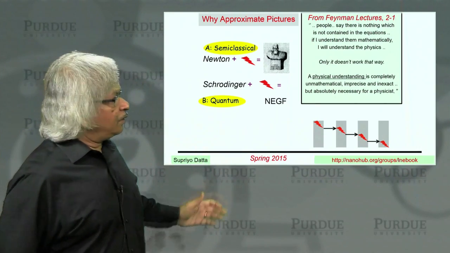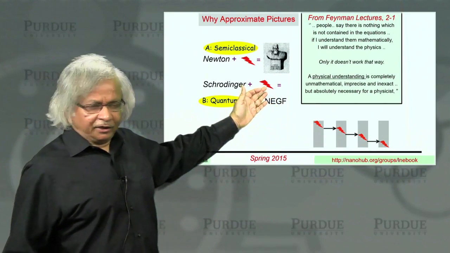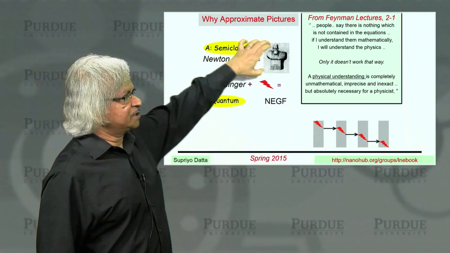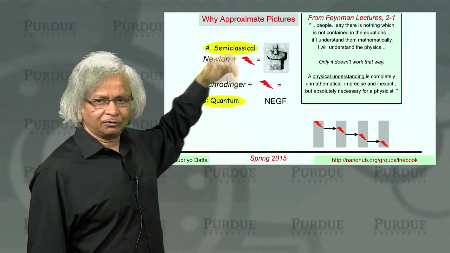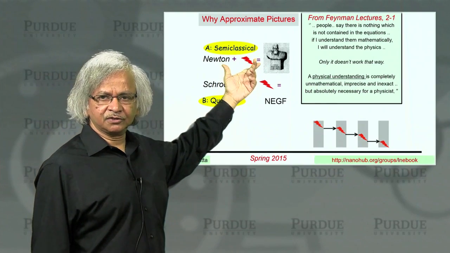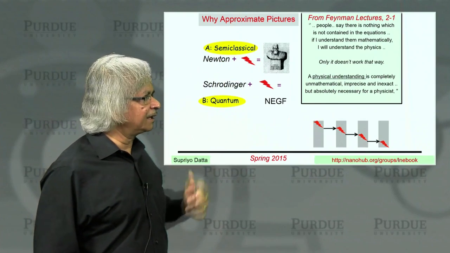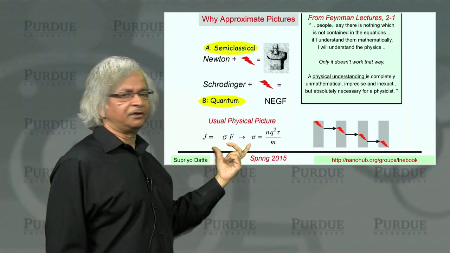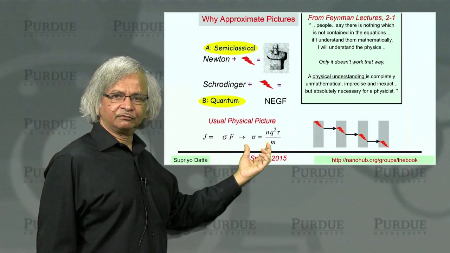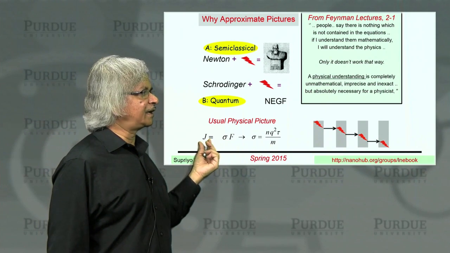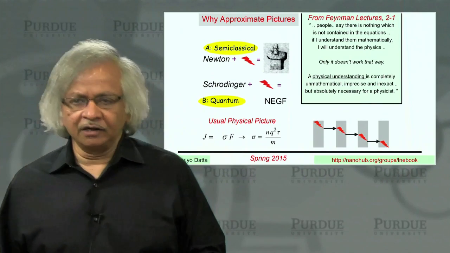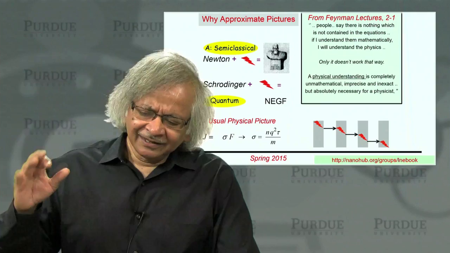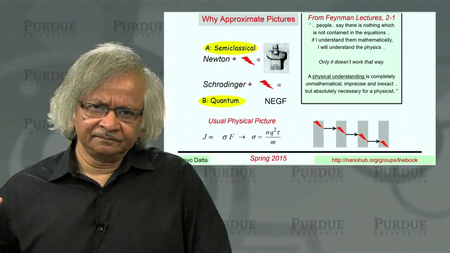Now, we all use this unknowingly, in the sense that even though we know that the Boltzmann equation is what describes things, and so if you had to calculate something, you would go to a computer and maybe ask it to solve the Boltzmann equation. But when you're thinking about it, usually you have a picture in your mind based on Drude's formula. You have a picture that current is driven by electric fields. And as I'll try to argue in this course, that picture can be very misleading, you see.